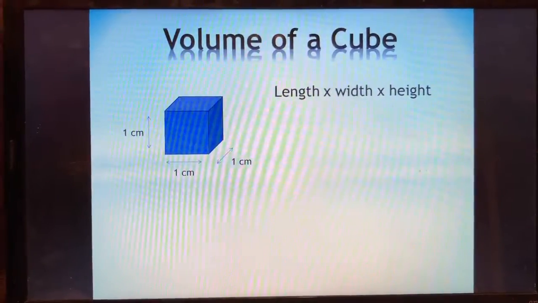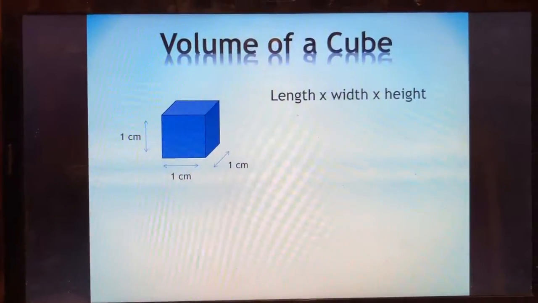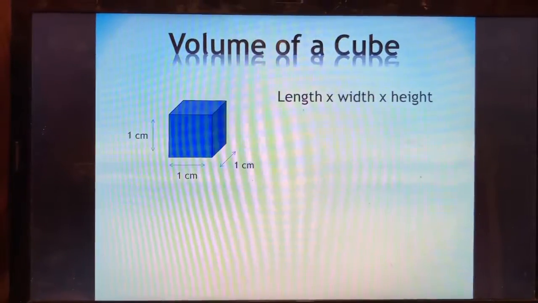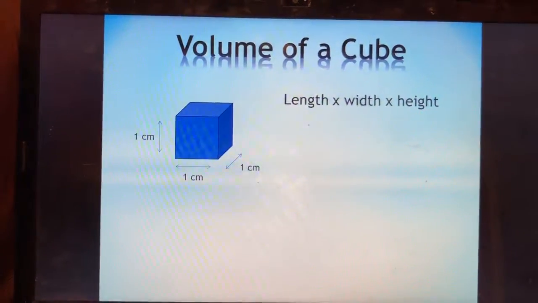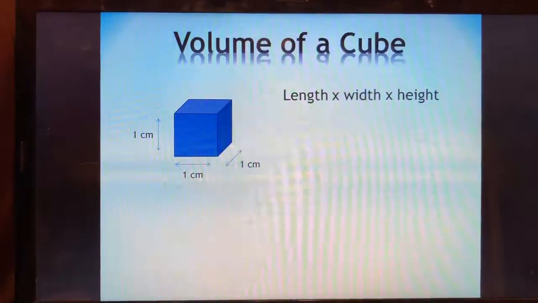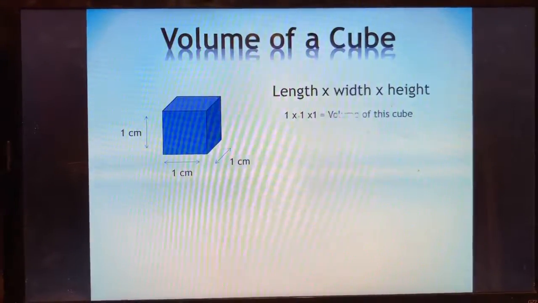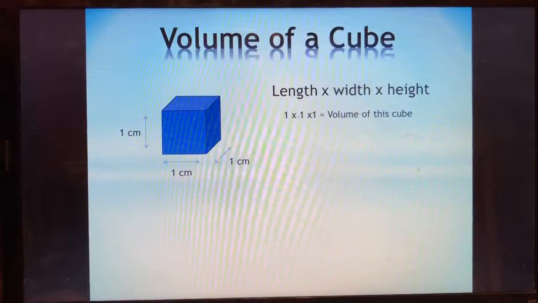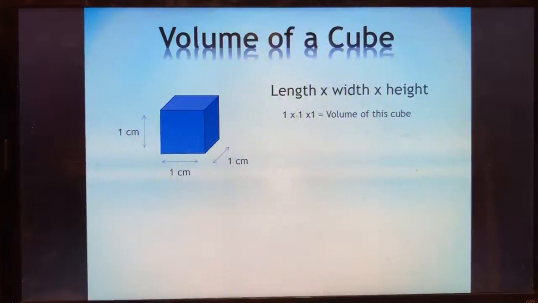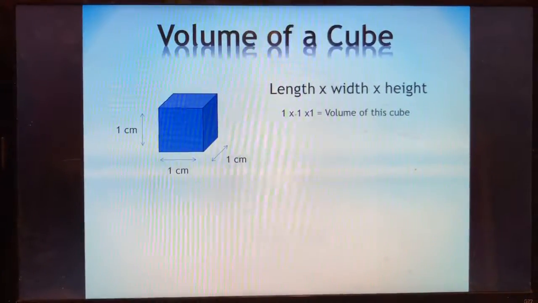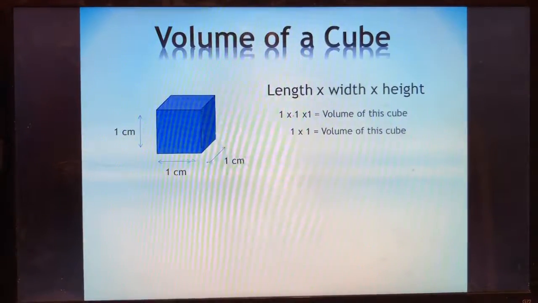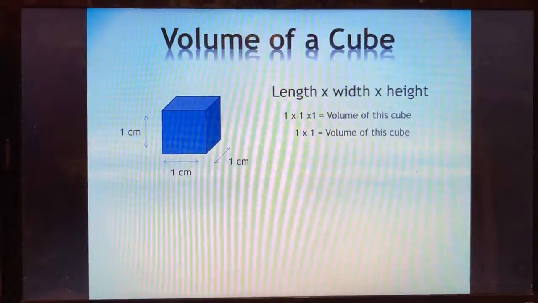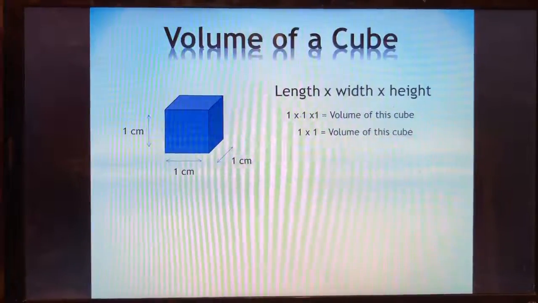So whenever we set this equation up, we will have 1 times 1 times 1, because we're just going to plug those units of measurements directly into that formula. And that is going to give us the volume of this cube. So if we multiply 1 times 1, we're going to get 1, and then we will still need to multiply that by the height, which is 1 as well.